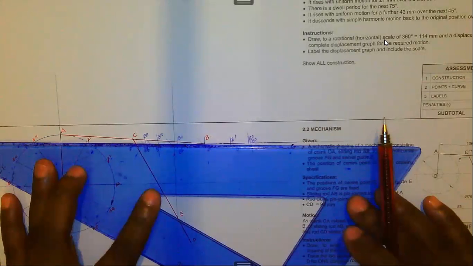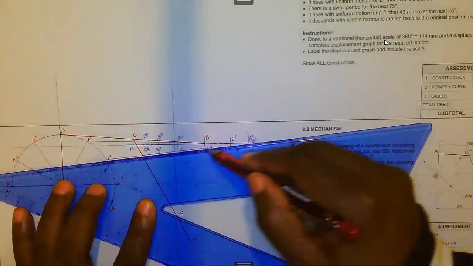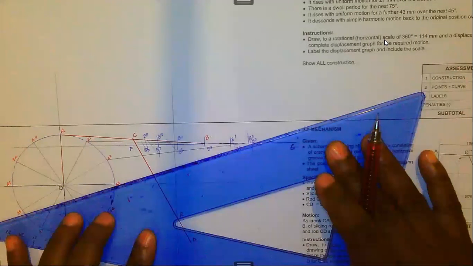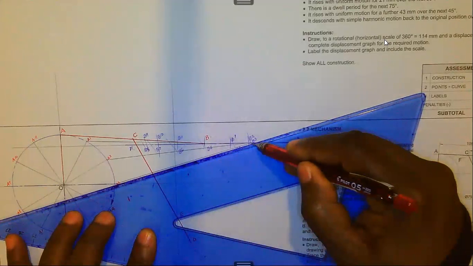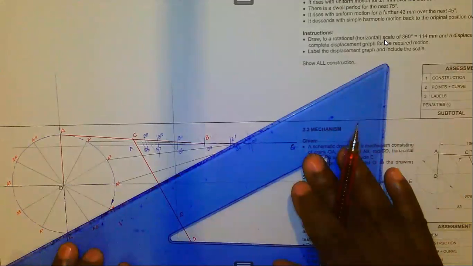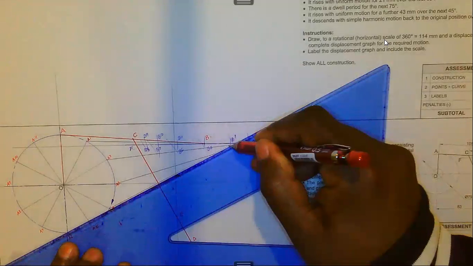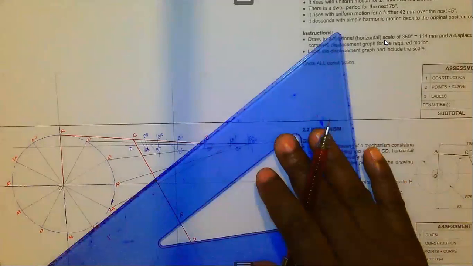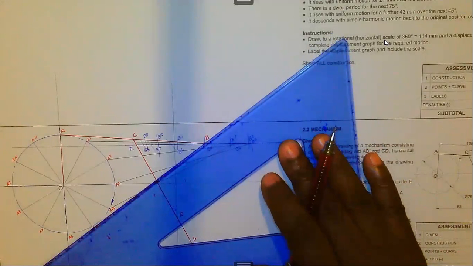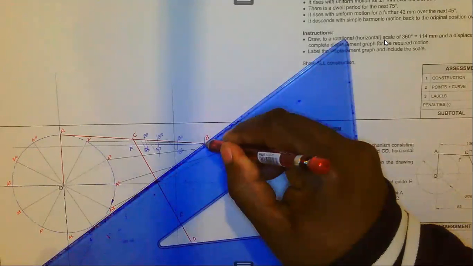Then we go to B2. This is B4 to A4. Remember, point B is always located on the groove FG.